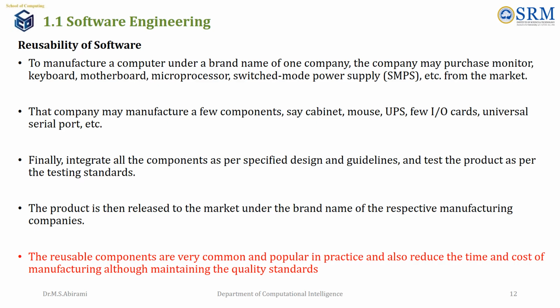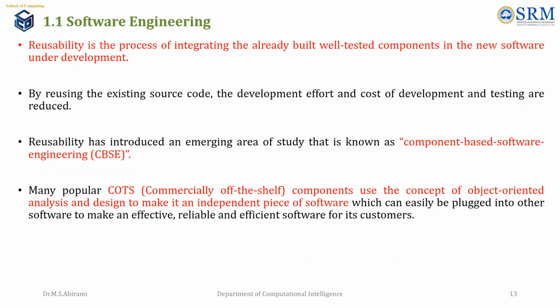Then the next important characteristic is the reusability of software. Reusable components are very common and popular in practice and also reduce the time and cost of manufacturing while maintaining the quality standard. Reusability is the process of integrating already built, well-tested components into the new software under development. By reusing the existing source code, the development effort and the cost of development and testing are reduced.